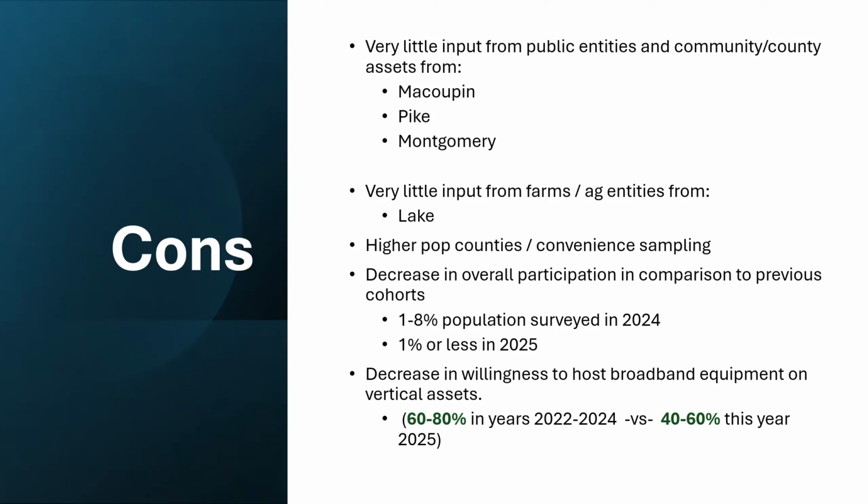And so there was also a decrease in willingness to host broadband equipment on vertical assets, and I don't know why that is. It's always been around 60 to 80% of those responses say that they would be open to doing that. And this year it was between 40 to 60%.